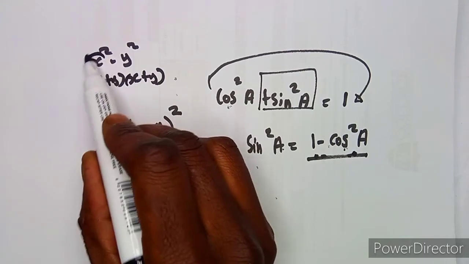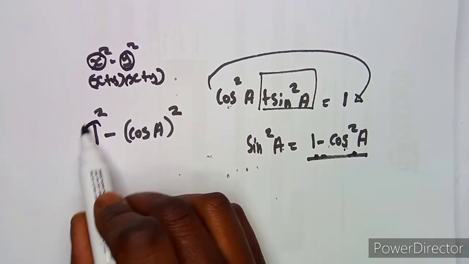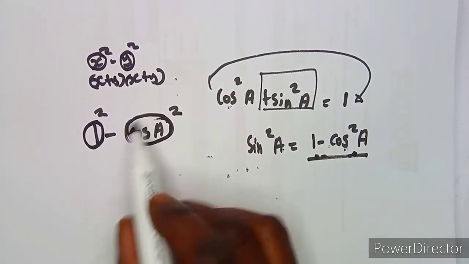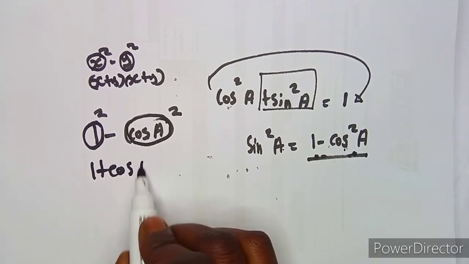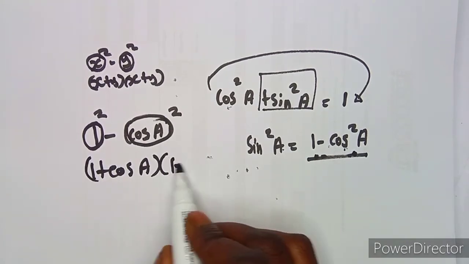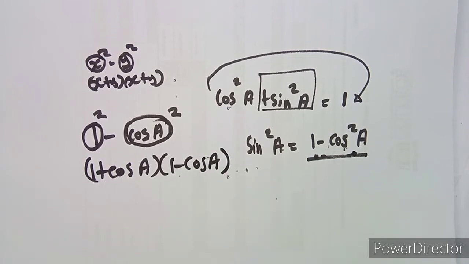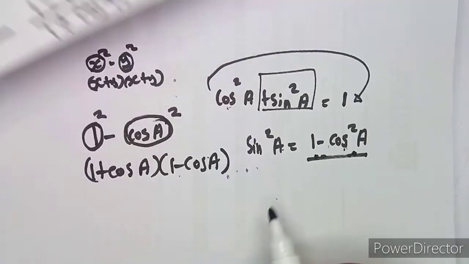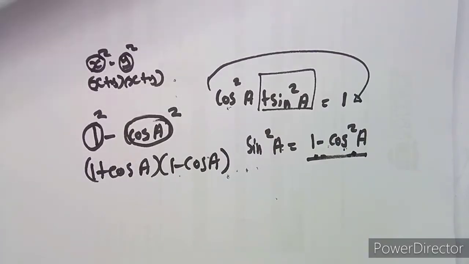You simply take these terms which are being squared. So you've got 1 and cos a. So it's going to be 1 plus cos a into 1 minus cos a, like this. All right, so that's what you're going to have from this part here.